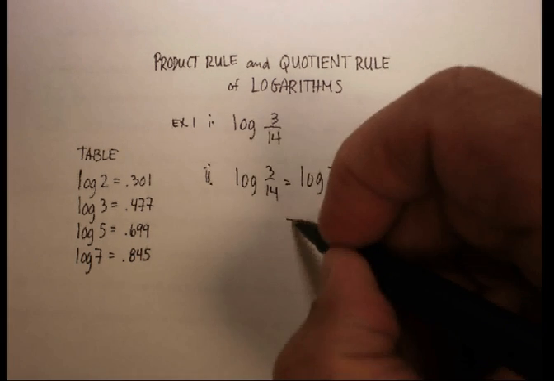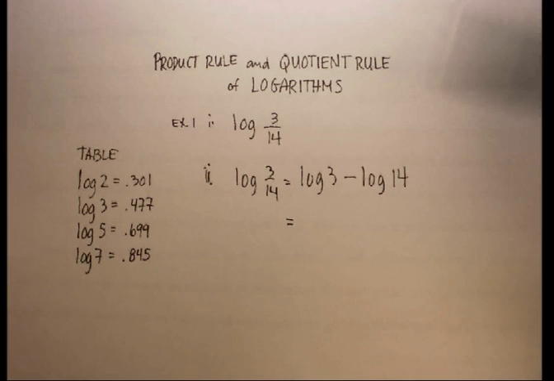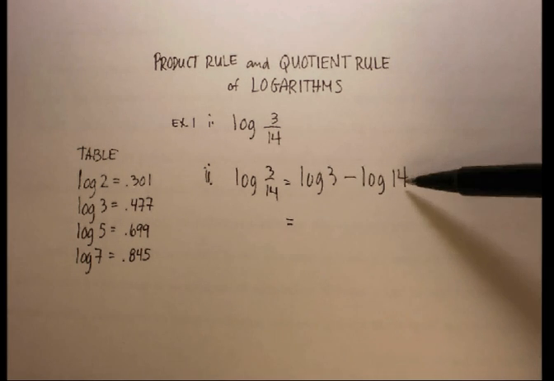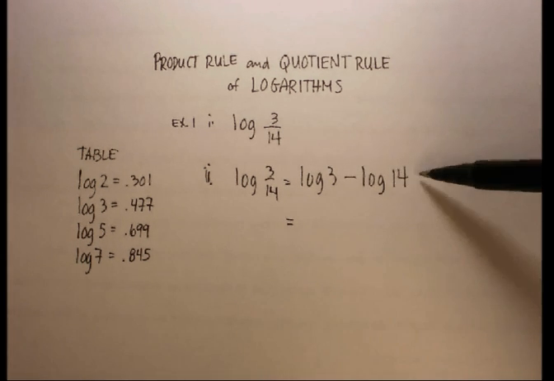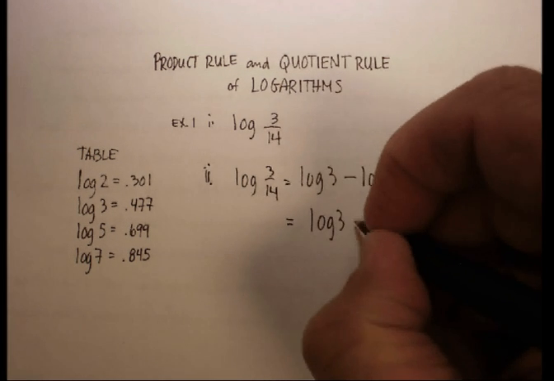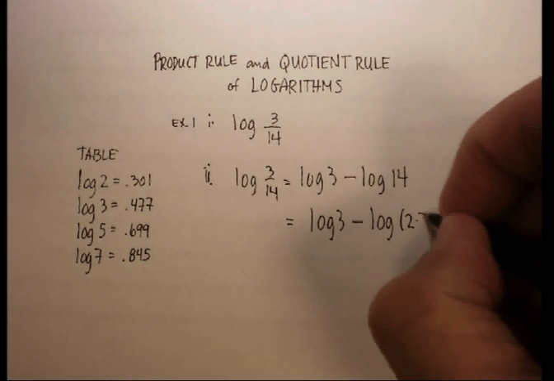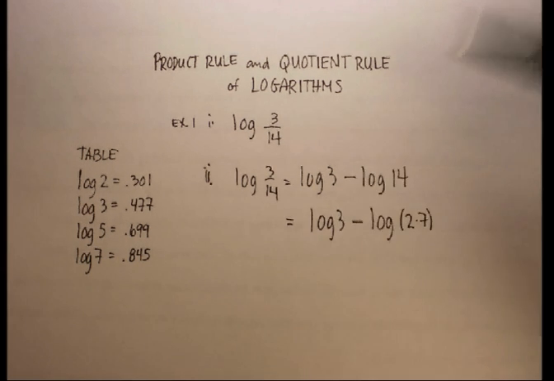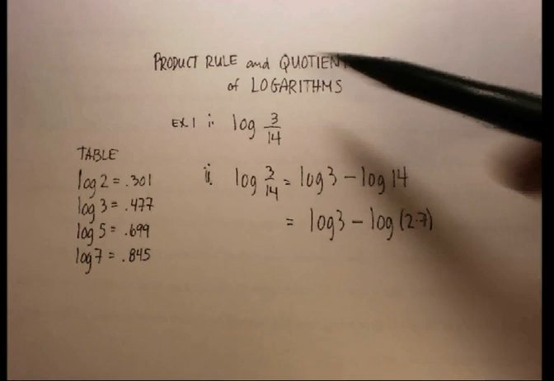What I'm noticing also, though, is that 14, I don't have that over here, so how am I going to figure it out? Well, I do know that 14 could also be expressed as a product, can't it? It can be expressed as 2 times 7. So let me just write that in here. And then I'm going to be able to unpack this as an example of the product rule.